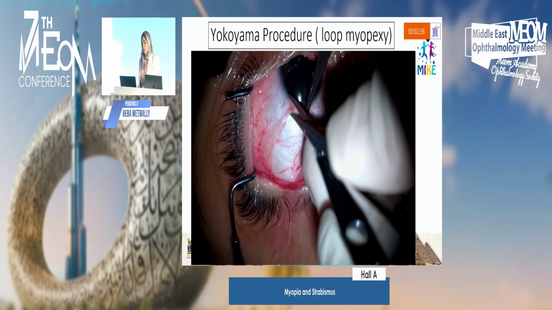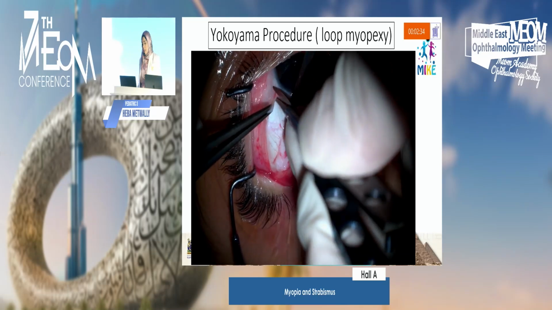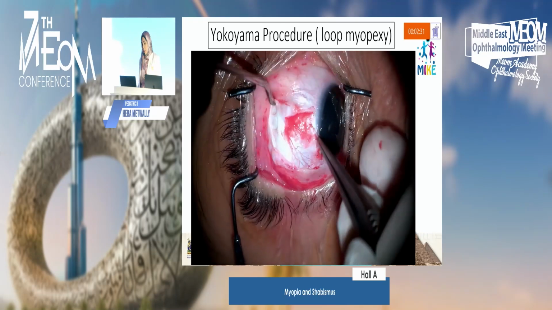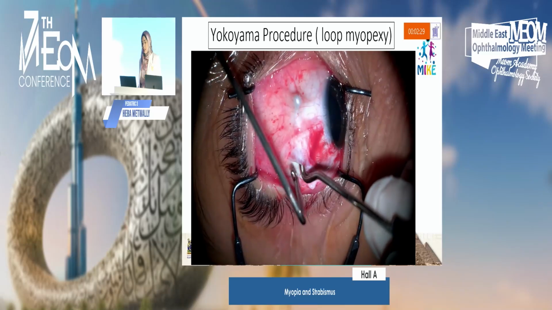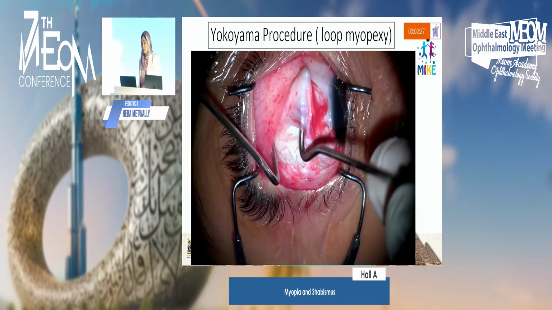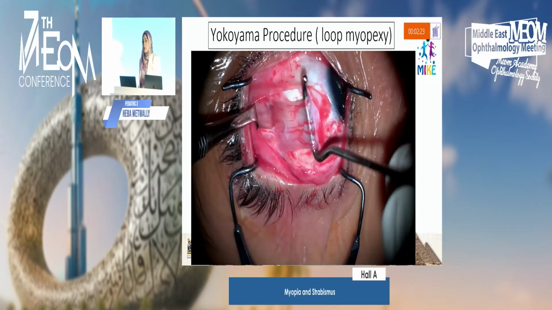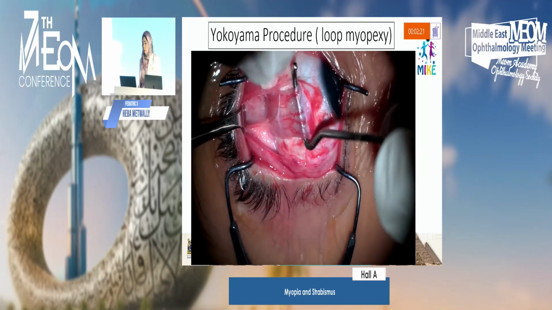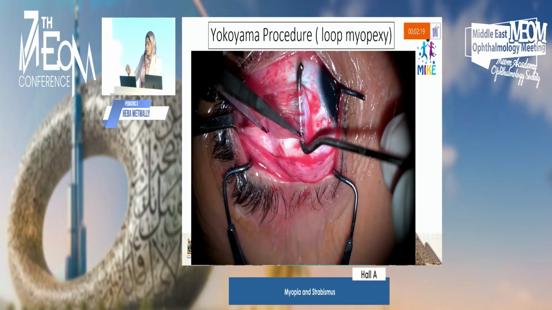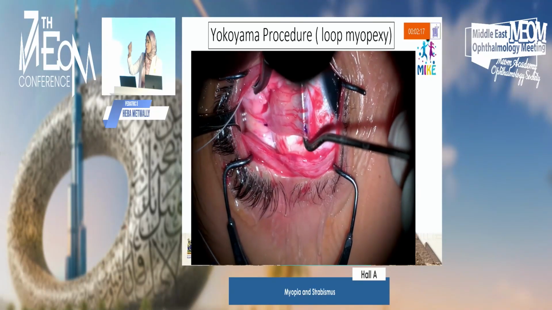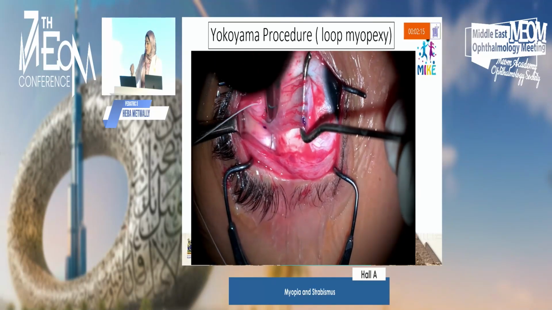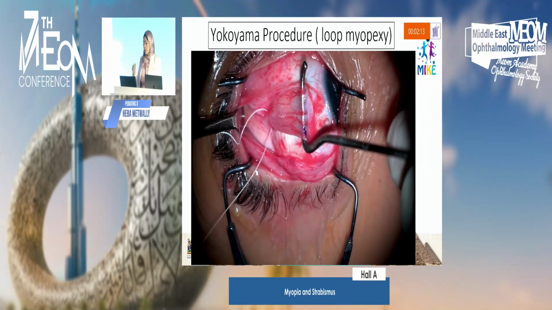I just hook the superior rectus muscle and make a minimal dissection of it, and then I take a non-absorbable suture about 14 millimeters behind the insertion of the superior rectus muscle. I take a partial thickness, then full thickness, then lock my knot.